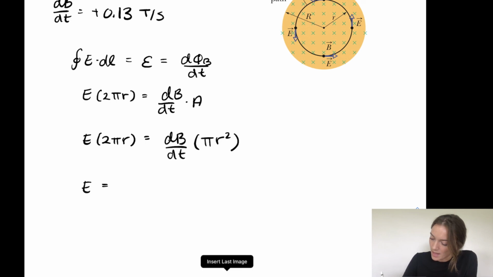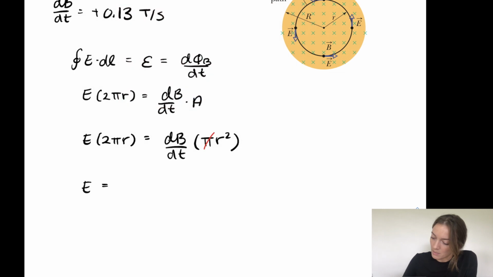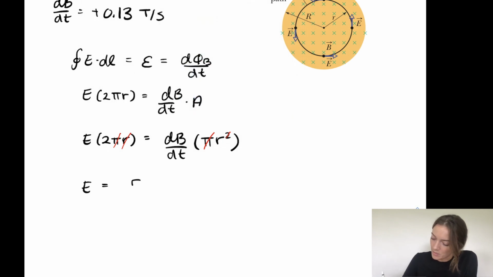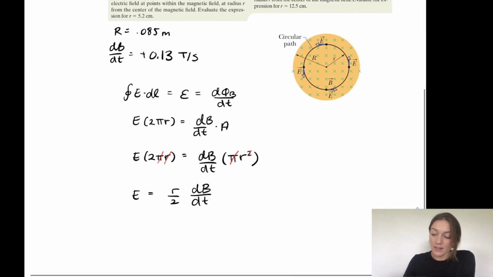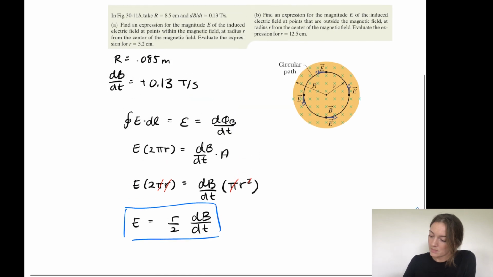So my pi's cancel, one of my powers of r cancels, and I'm left with just r over 2 times dB/dt. And that is my electric field inside this region with a changing magnetic field. So this is the magnitude of my electric field.